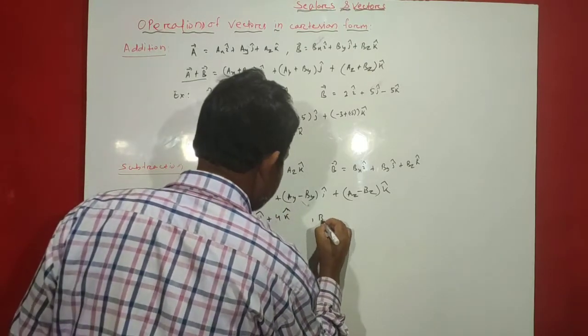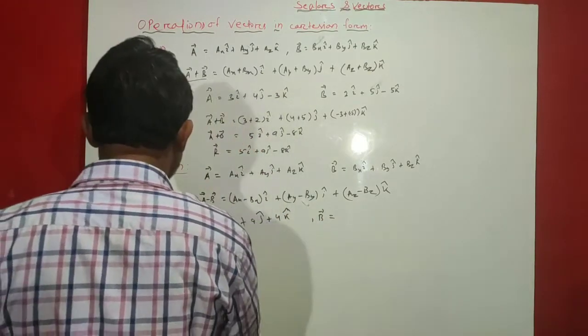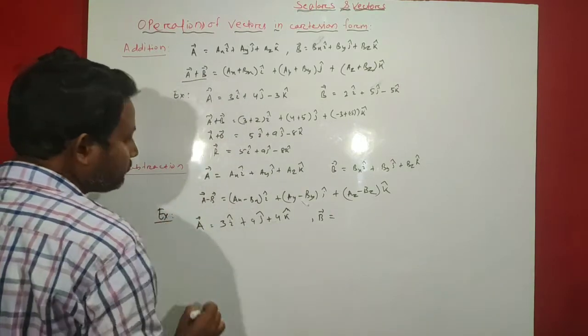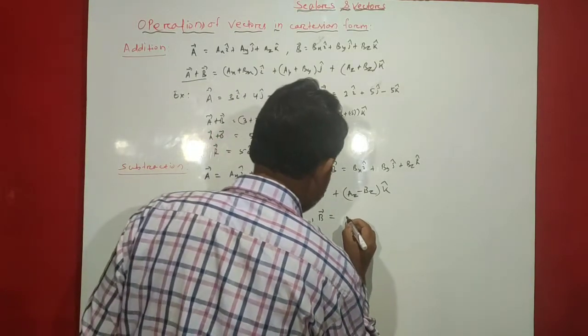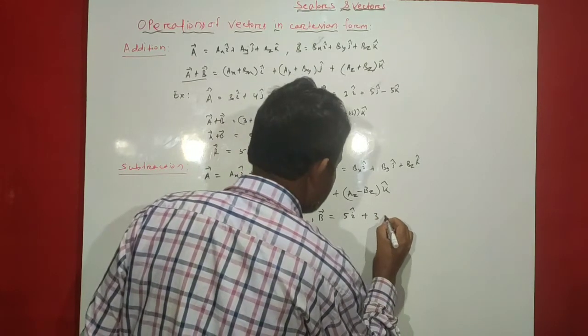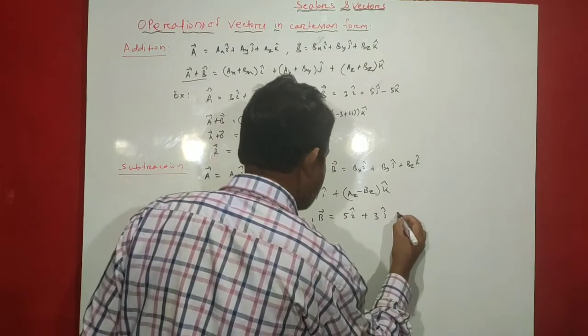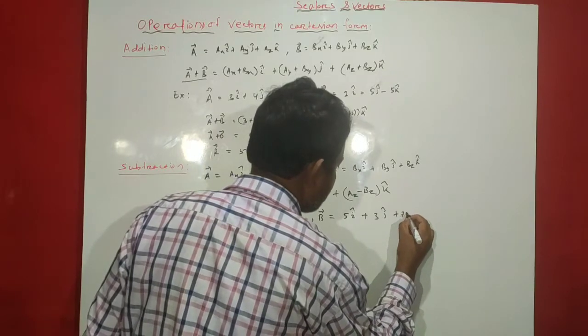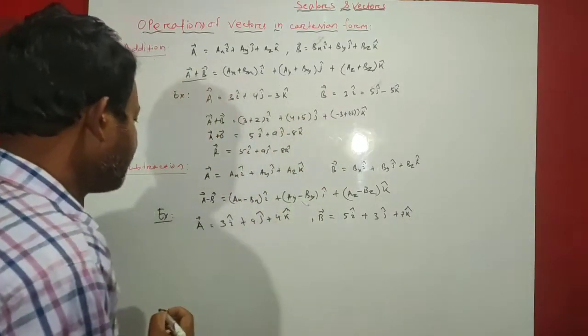Then another vector b is equal to 5 i cap plus 3 j cap plus 7 k cap.